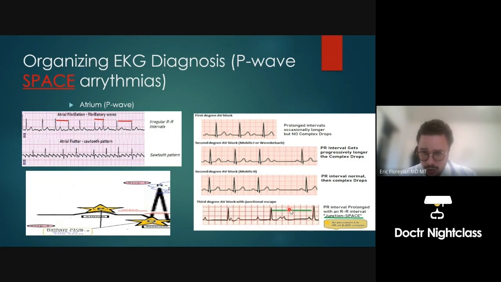This is super long, right? Super duper long. This is called a junction space. You only see a junction space with third degree AV block. So this is very characteristic. You're less likely to go after this.